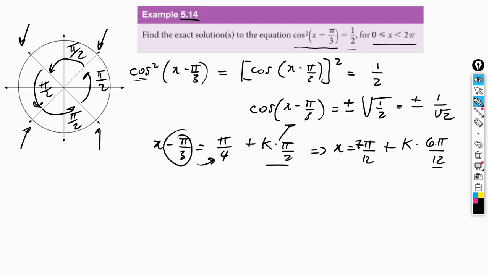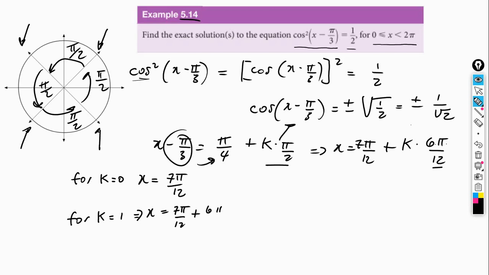So for k equals 0, we would have that x is equal to 7 pi twelfths. For k equals 1, we would have that x equals 7 pi twelfths plus 6 pi twelfths, which is going to be 13 pi over 12.